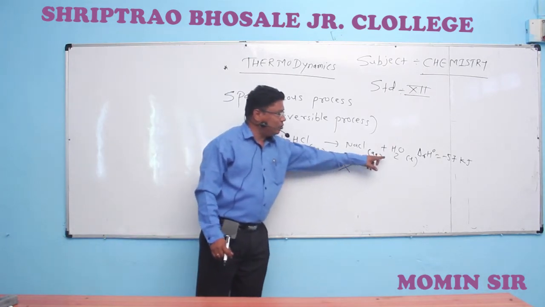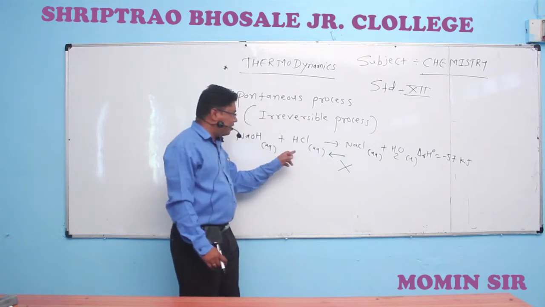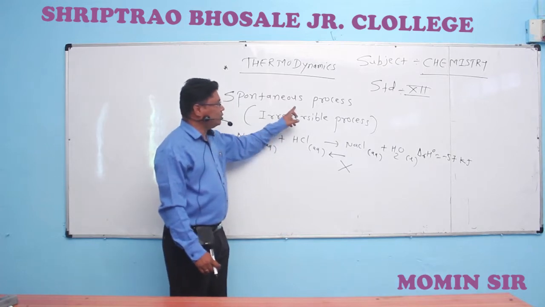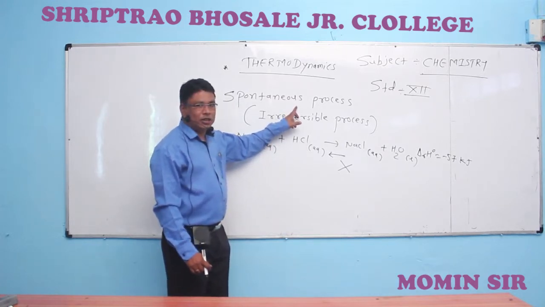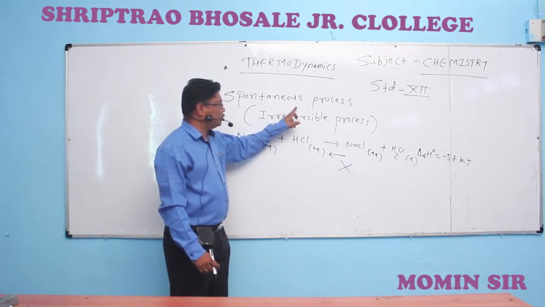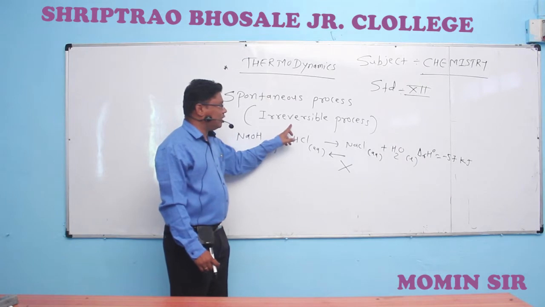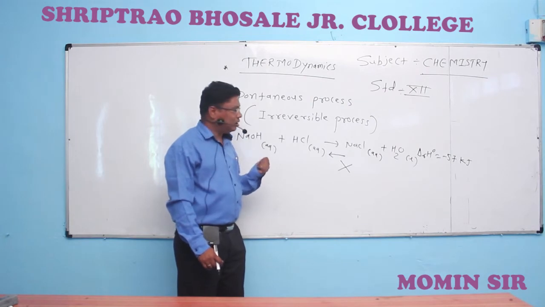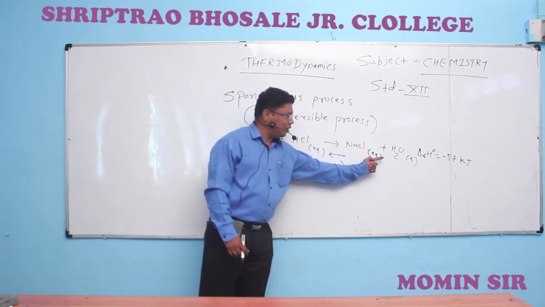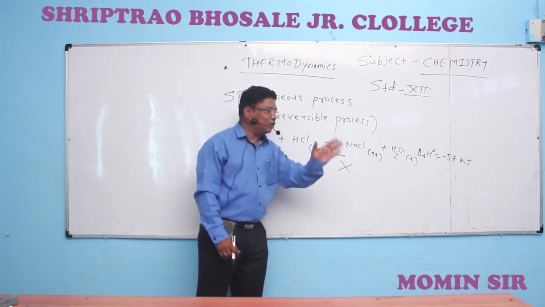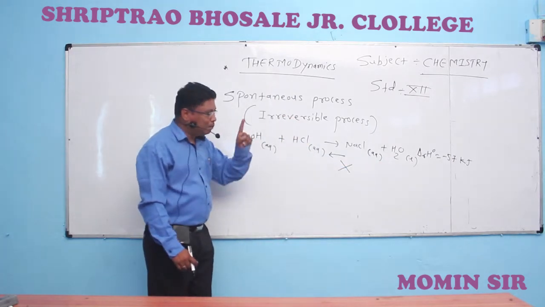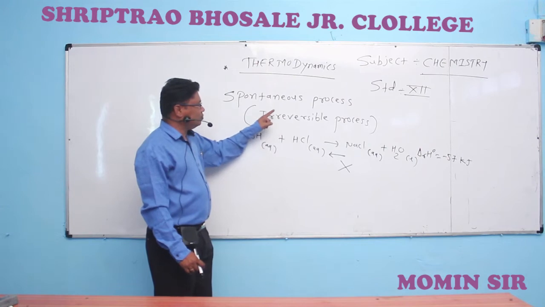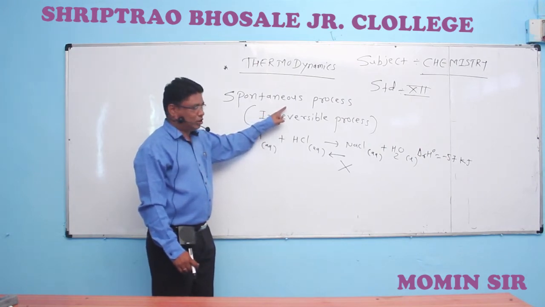Means NaCl and water do not react again to form HCl and NaOH. That's why this reaction is called a spontaneous process, or also an irreversible process, because it doesn't take place in the reverse direction. NaCl when reacting with water never gives NaOH and HCl, but this reaction takes place in only one step.